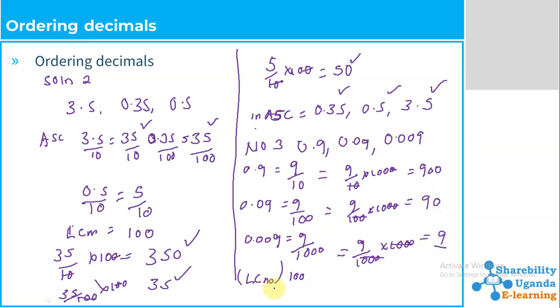Okay, so in ascending, our answer is going to be, which one is the smallest? We have 0.009 as the smallest. Then we have 0.09 as the second, then also we have the last one, which is 0.9.